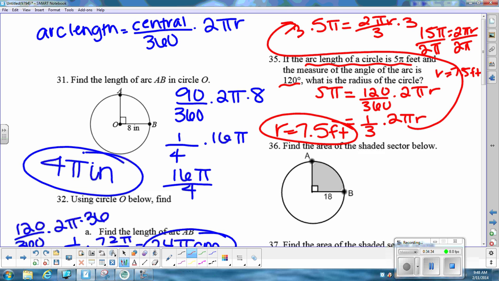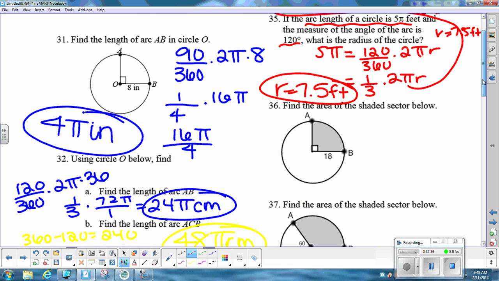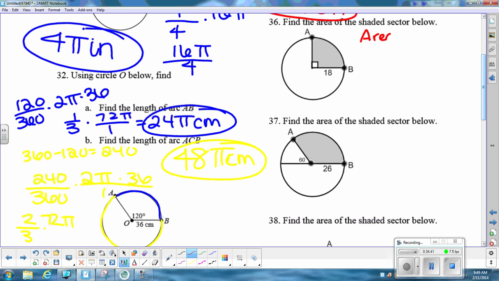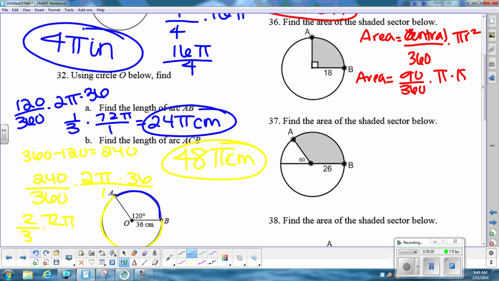There's your radius. Number 36, area. Our area formula for a sector is similar to our arc length. We still have the area equals our central angle over 360. This time we're multiplying by the area of the circle, which is pi r squared. So the area of our sector equals 90 over 360 times pi times 18 squared.